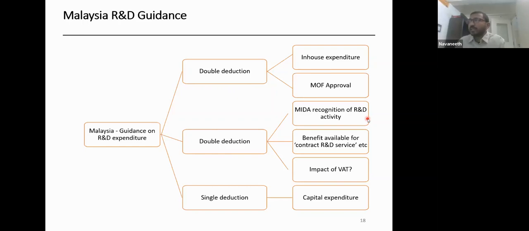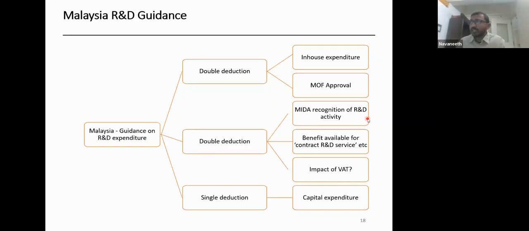MIDA is the Investment Development Authority and therefore tends to take a little more benevolent and kind view of what is R&D activity because they look at it from a slightly different lens. They do not look at it as a tax benefit but more as an environment that they want to foster.